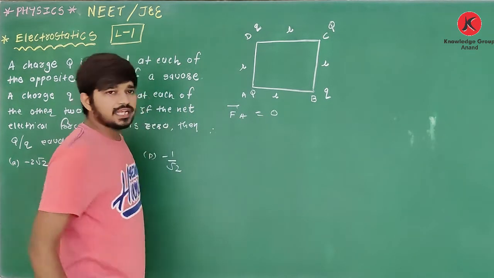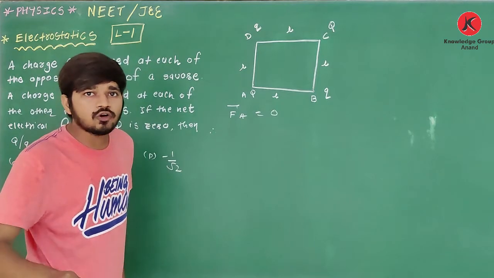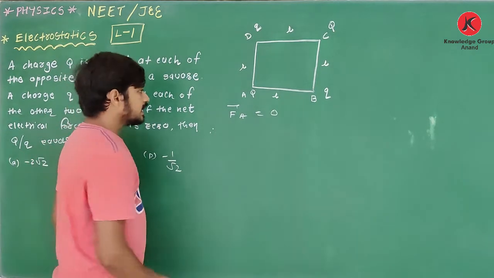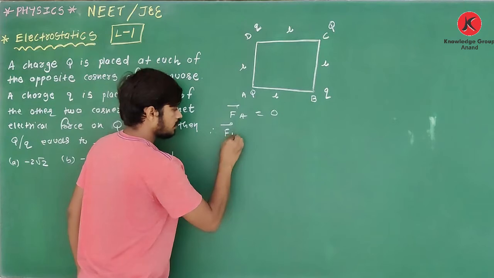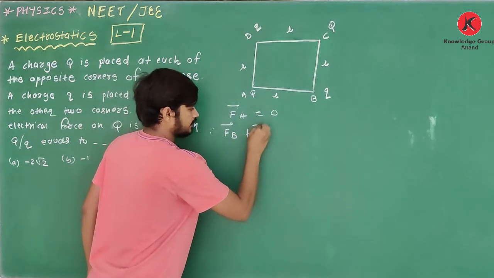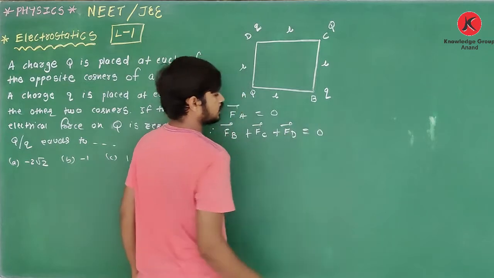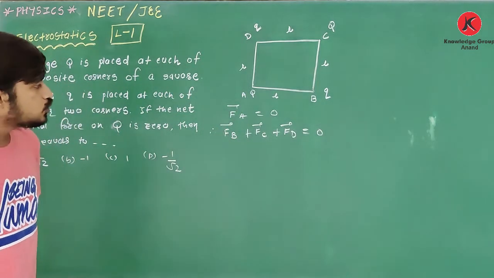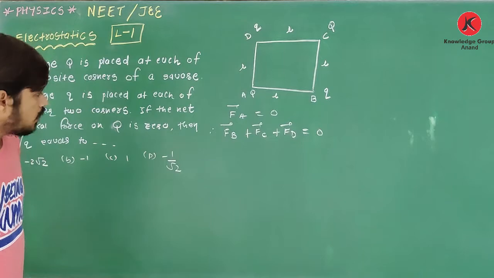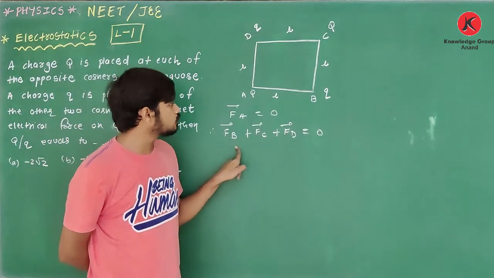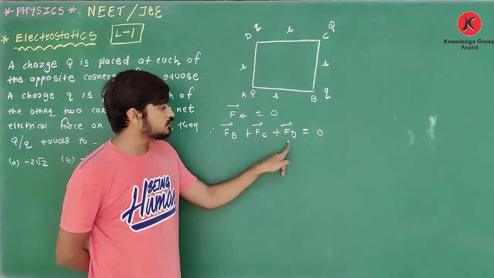Force acting on A is due to B plus C plus D is equal to 0. Clear about this? Force acting due to B plus force acting due to C plus force acting due to D is equal to 0.